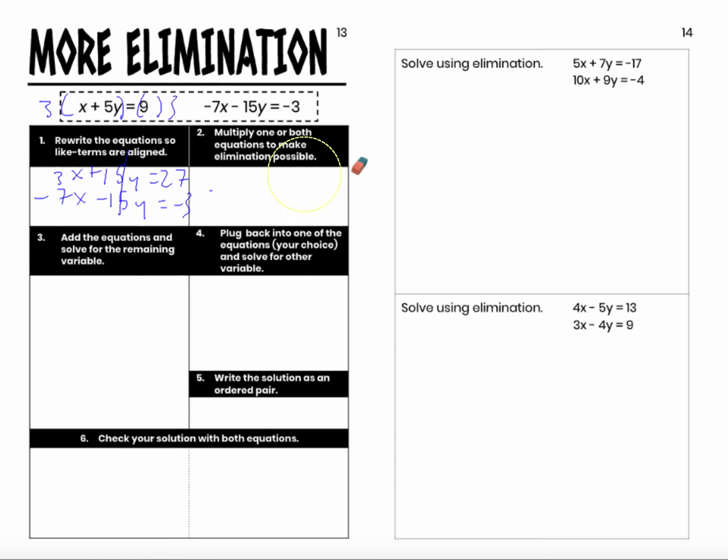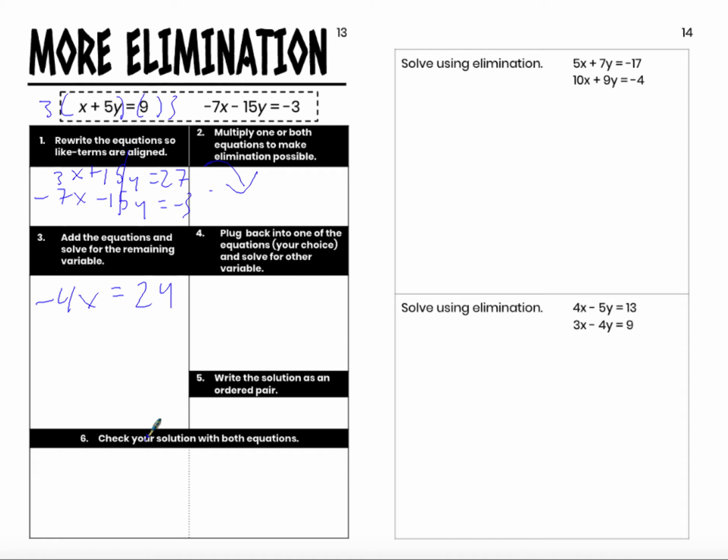They're already lined up, so it's fine. Now when I add them up, I'm going to end up with negative 4x equals 24. One-step equation, nothing different than before. Solve for x. Whatever I get for x, I can plug into either equation and get y.